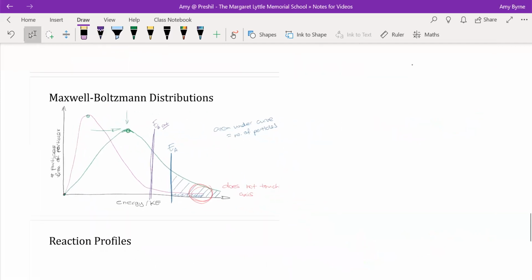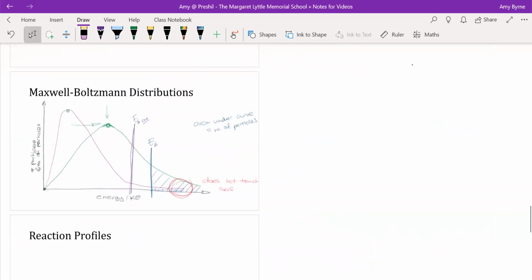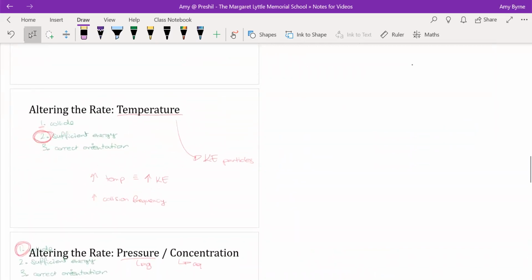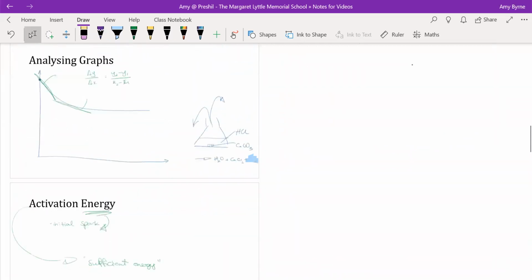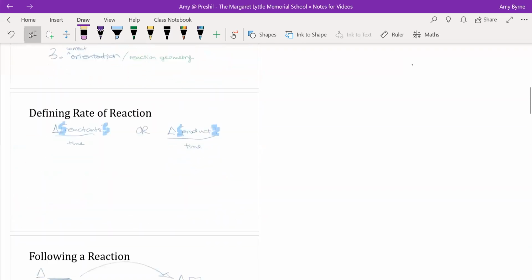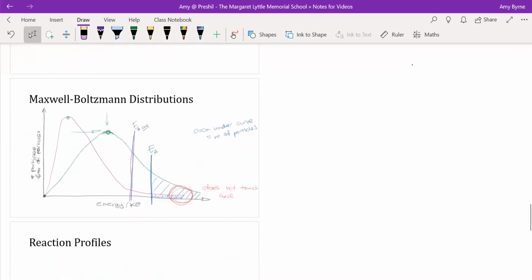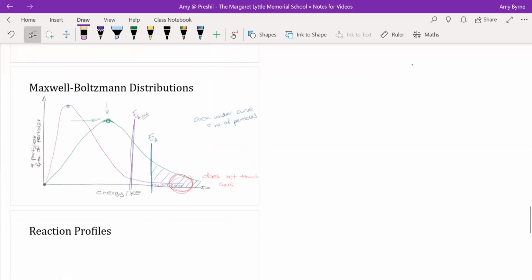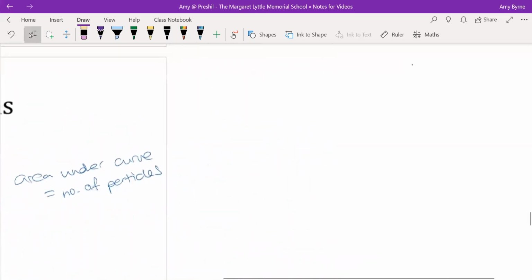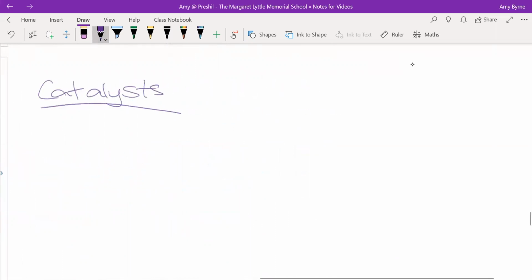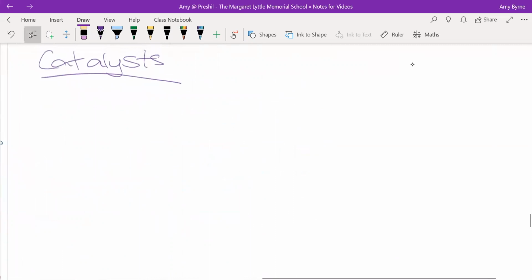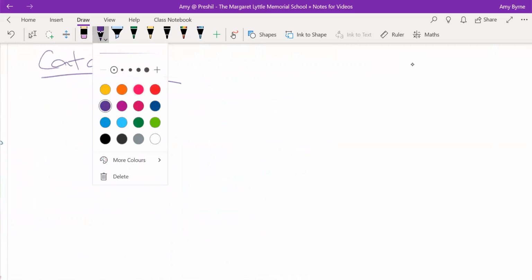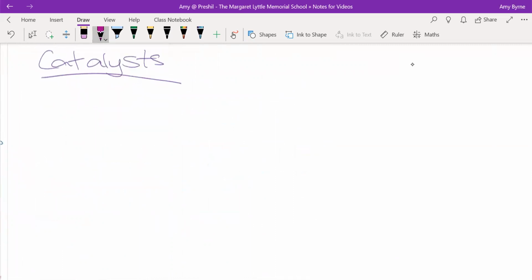Have I talked about catalysts? Oh, I skipped talking about catalysts. Well, that wasn't very clever of me. I'm going to have to do a literal side note here about catalysts. This terminology is important, particularly at HL.